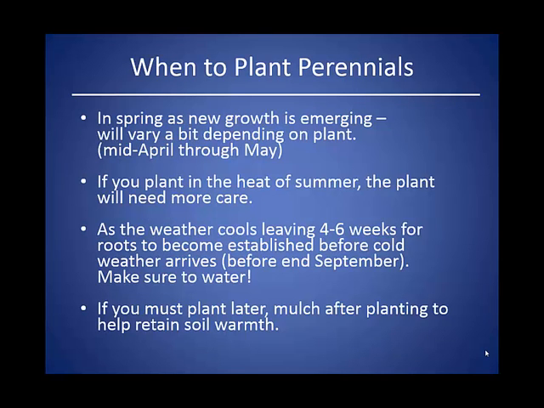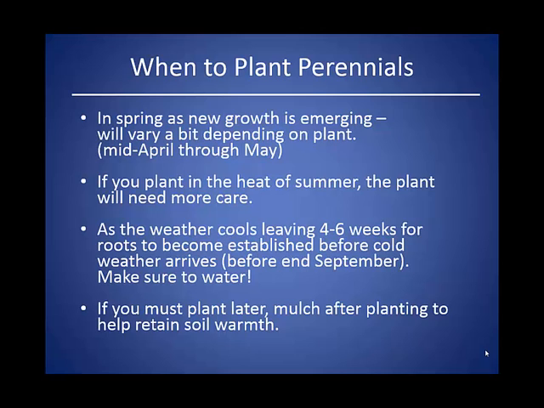When to plant perennials. So in the spring, when to plant and or move perennials, I guess. In the spring, when the new growth is emerging is a good time, mid-April through May. You do want things relatively warm at that point. You don't want to necessarily worry about hard freezes.